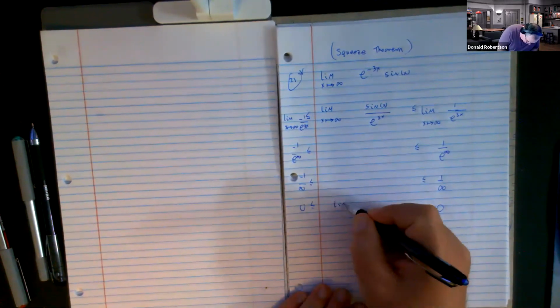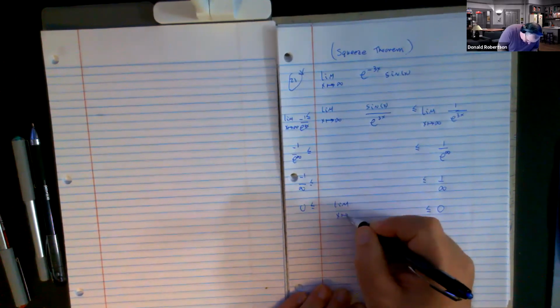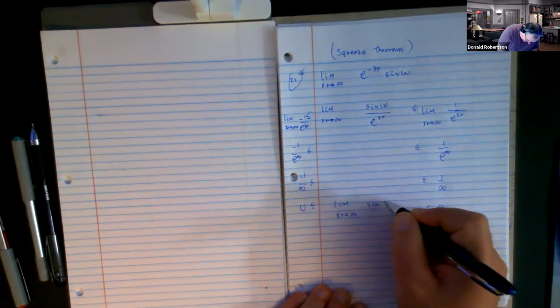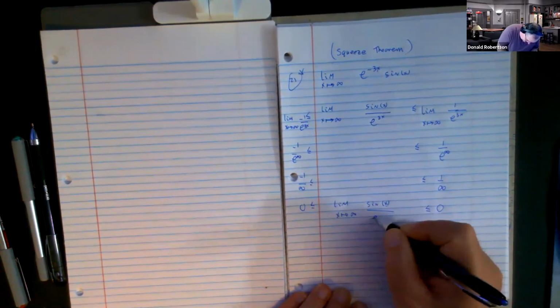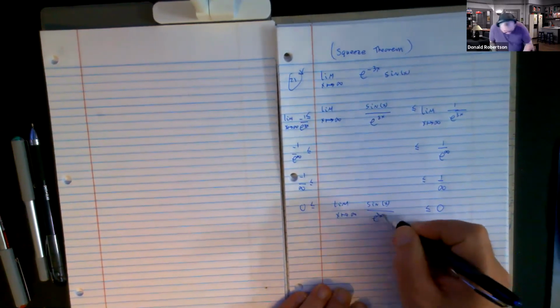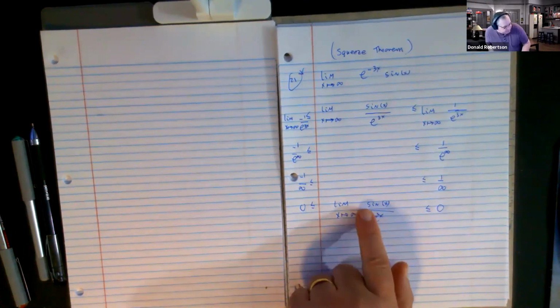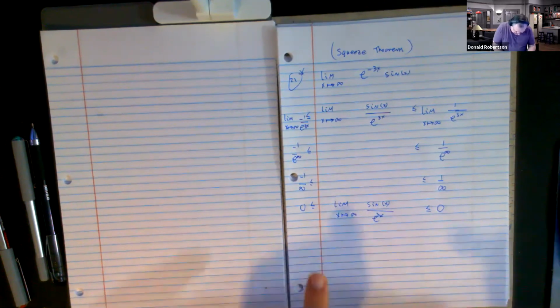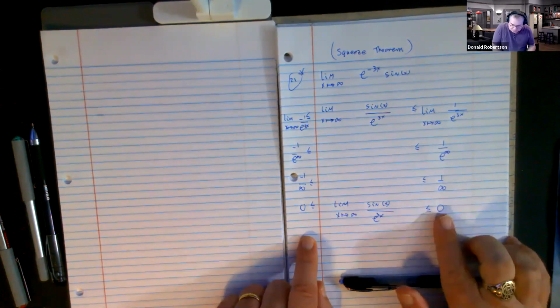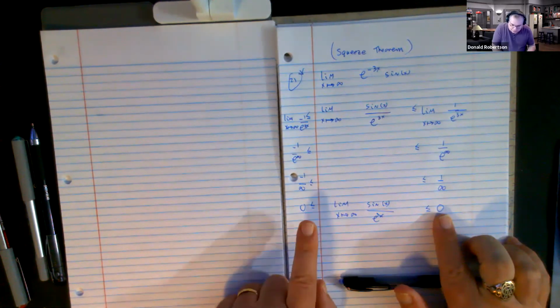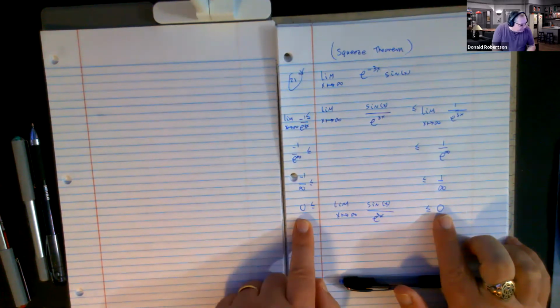So what we now have is the limit I'm trying to find has to be between 0 and 0. There's not an awful lot of room there, is there, for what the answer is going to be.